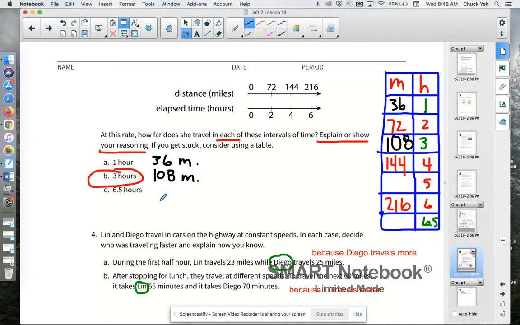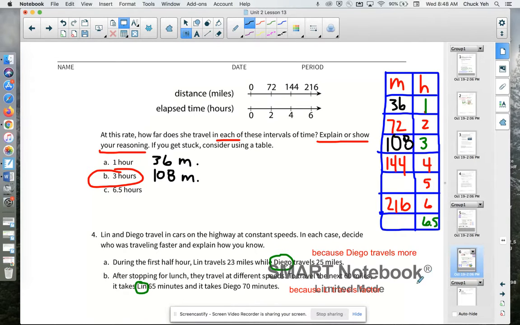Okay, how about 6.5 hours? Again, 6.5 hours here. I can cross multiply and divide any of these numbers. All right. So let me do this really quickly. I'm going to do 6.5 times 36.